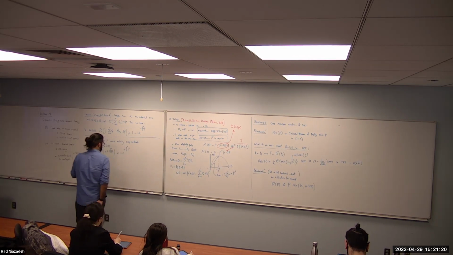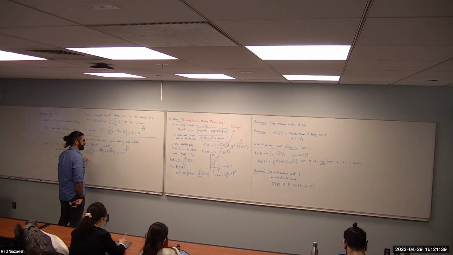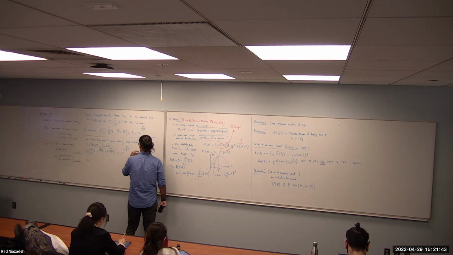Now, if I set delta, for some reason, I'm going to make this to be, let's say, 1 over k.